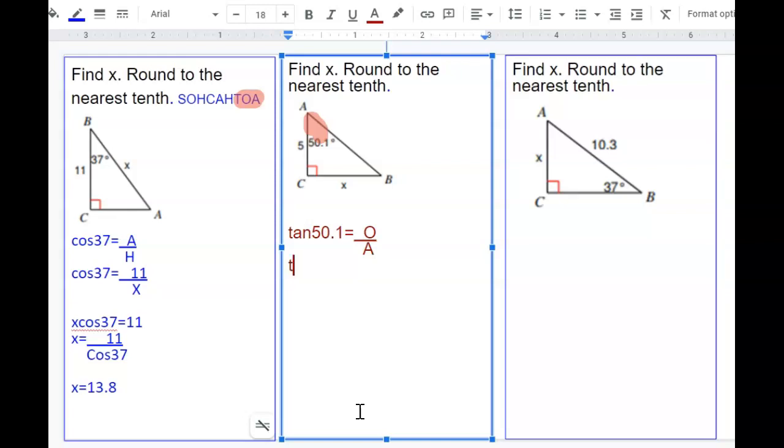So giving us tan 50.1 is equal to, our opposite again is x, over the adjacent, which is 5. So we'll cross multiply by that 5. So we have 5 tan 50.1 is equal to x. Now x is already by itself, so we just work out 5 tan 50.1.